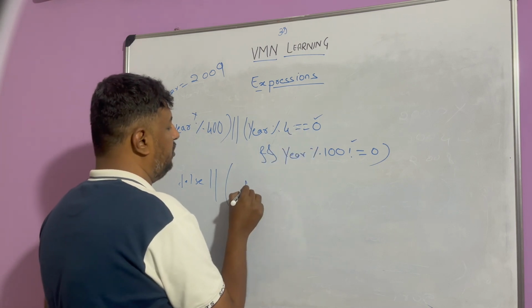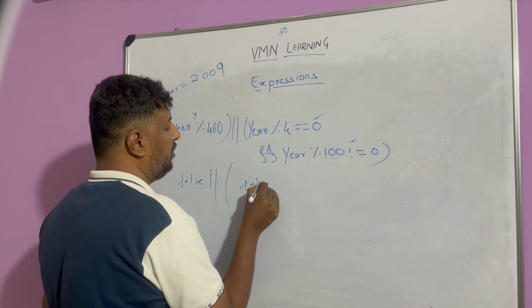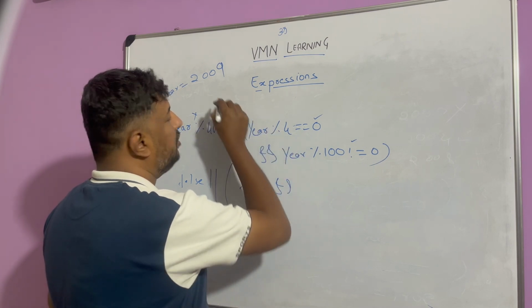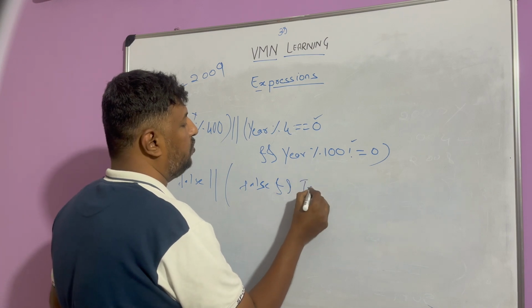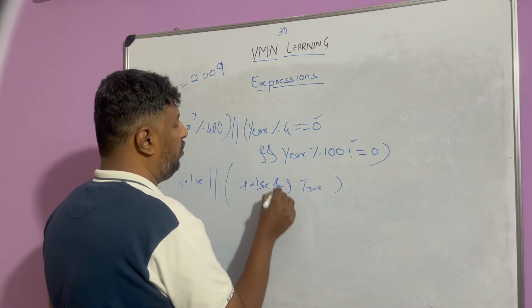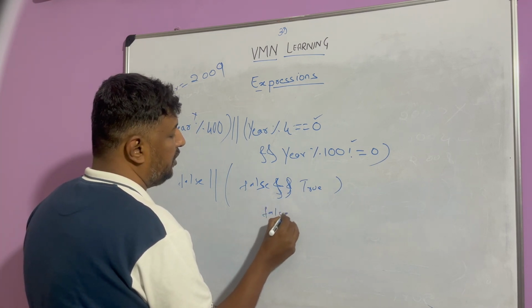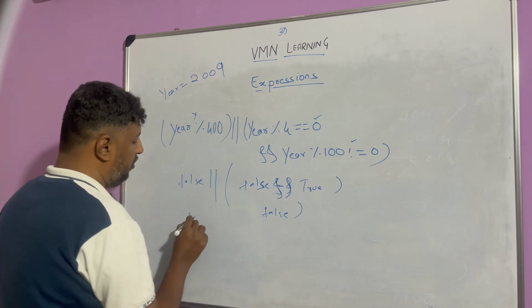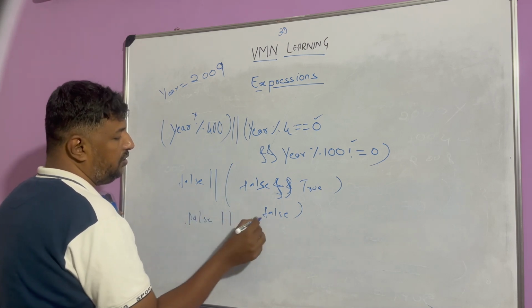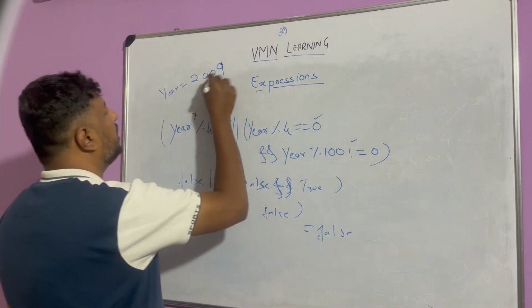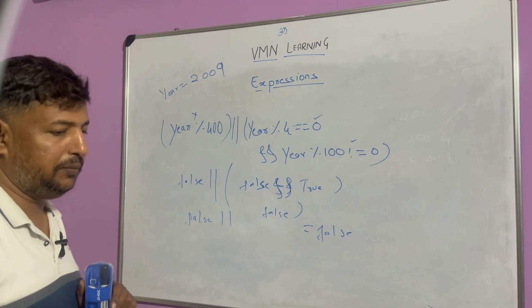Modular of 4? False. Modular of 100 not equal to zero? True. But true and false is false. Correct? False or false is always going to be false. So 2009 is not a leap year.